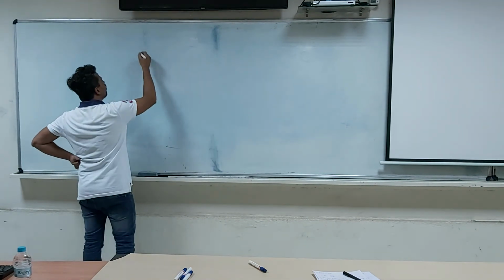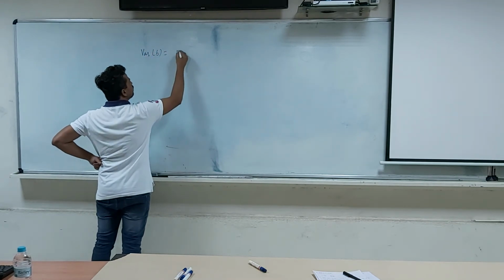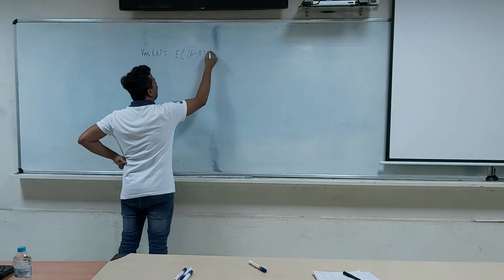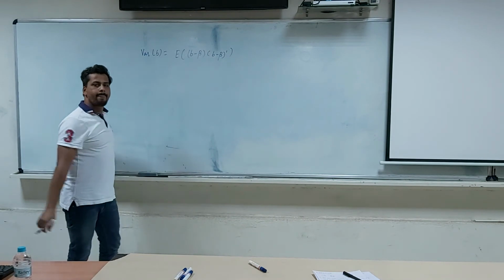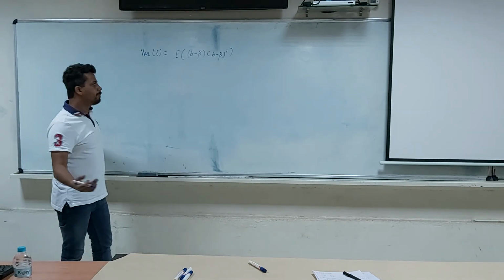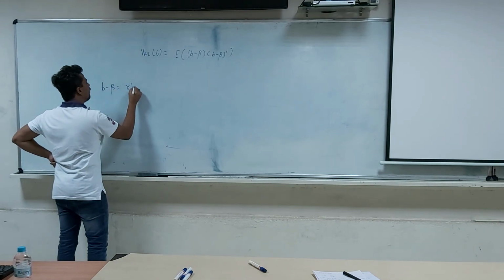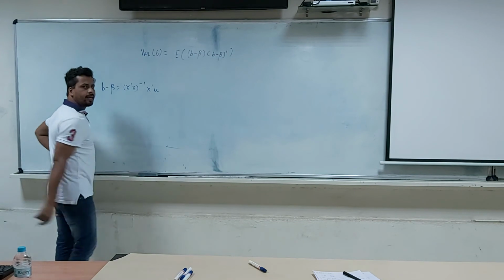Now, for the variance of B, I can write this as... and what did we just see B minus beta to be? This was it.